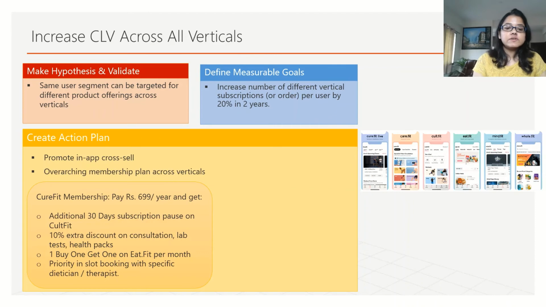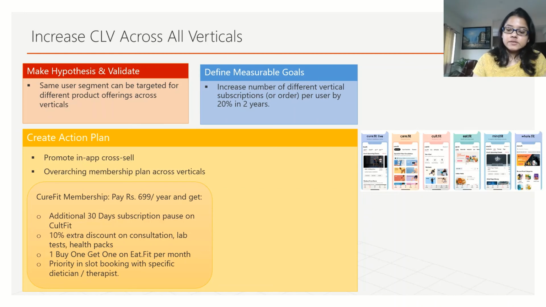So these benefits, for example, the first one, which says additional 30 days subscription pause on CultFit, it promotes CultFit vertical. The second one is providing extra 10% discount on consultation, lab tests, and health packs, which is related to their CareFit vertical. Similarly, the third one is additional buy one get one per month, is related to EatFit vertical. The last one is giving priority in slot booking with specific dietitian or therapist. This is related to their MindFit vertical.